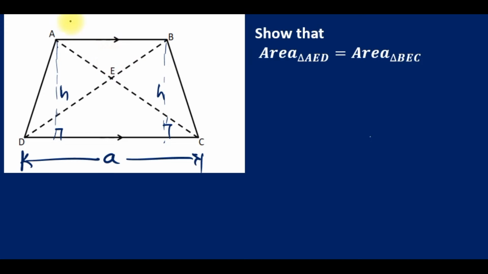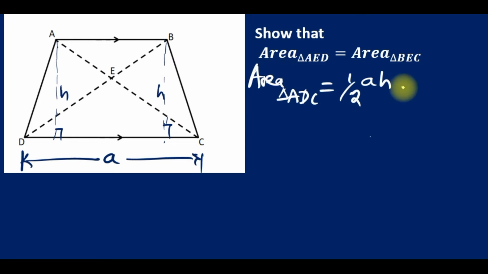So we now see that the area of triangle ADC, remember, the area of a triangle is half base times height. So half the base, which is A, times the height, which is H. That's the first thing you have to know.